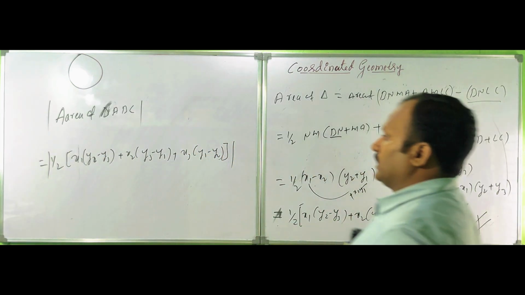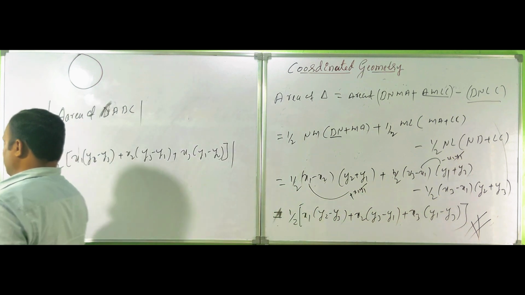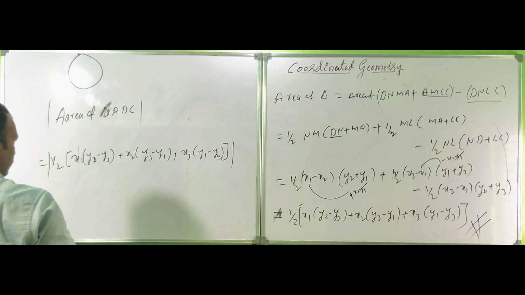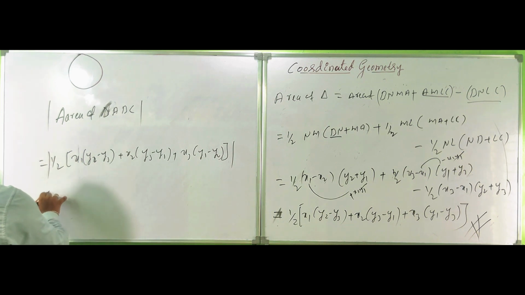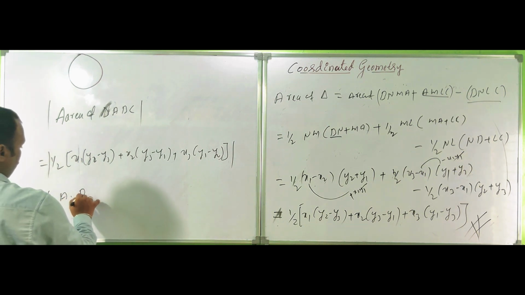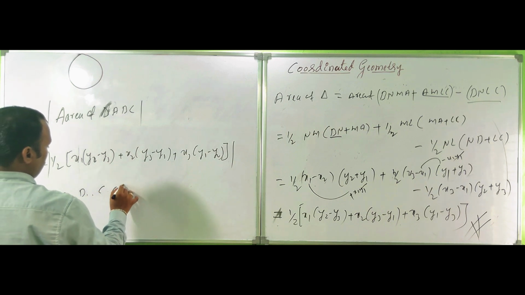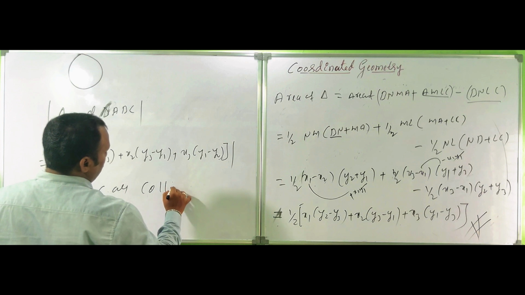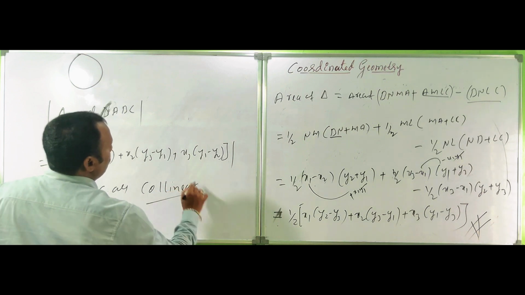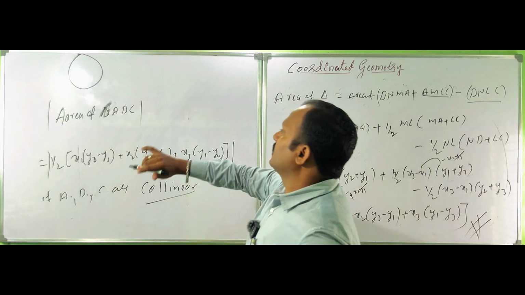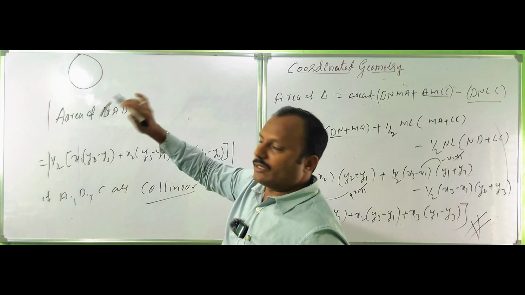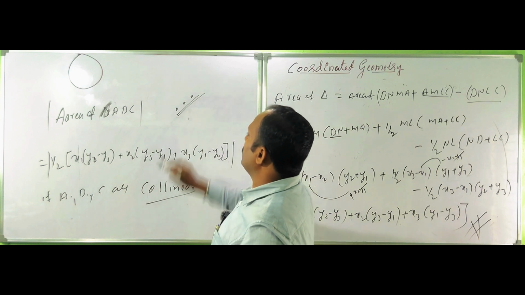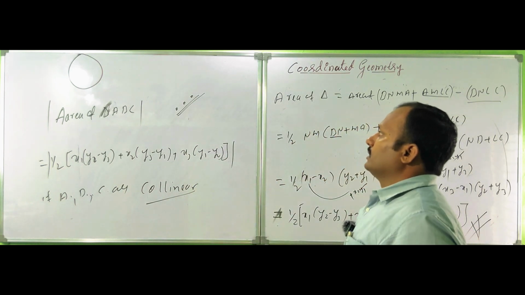Then they have given collinear points. If A, B, C are collinear, collinear means the points lie on the same line with the same slope.